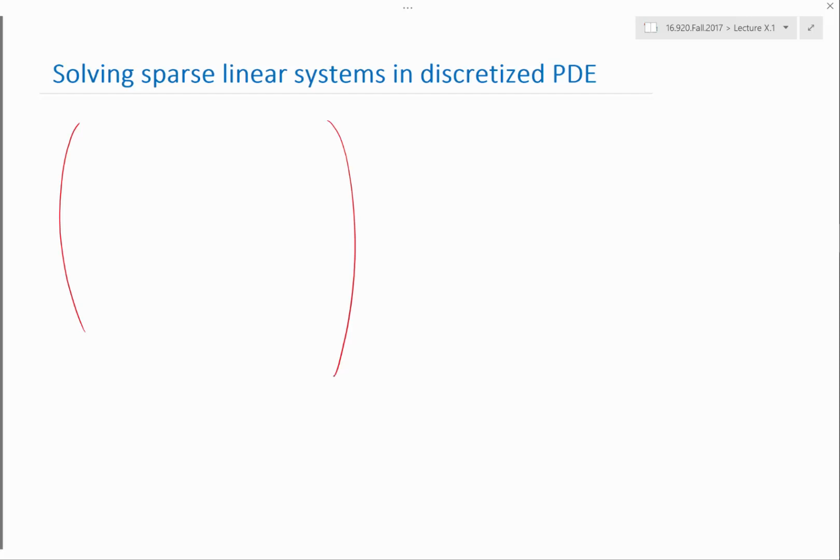Because what MATLAB does is it's actually very smart in interrogating what the matrix A is and choosing different solvers for different A's. For example, if A is symmetric, it does something else. If A has a banded structure, so basically all the sparse systems we looked at are banded, that means there is a band outside of which are zeros.